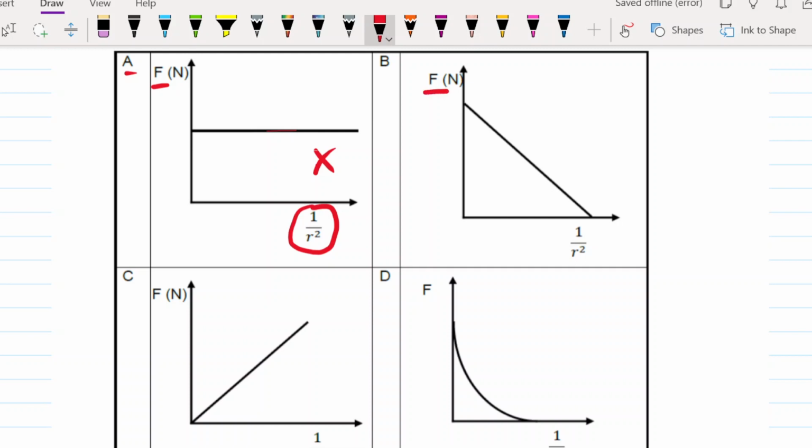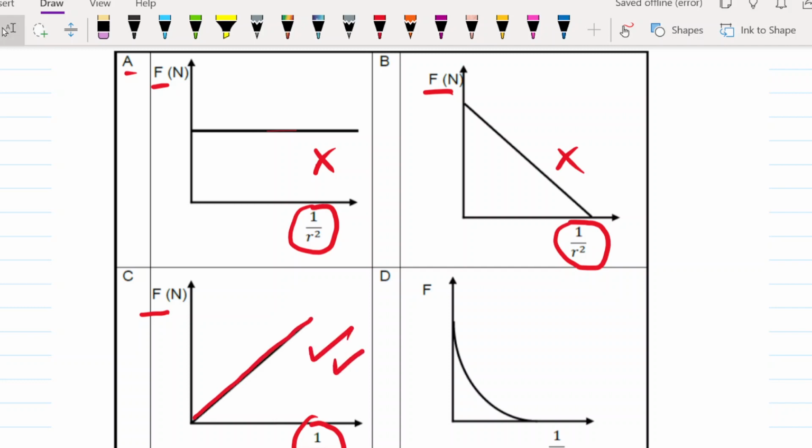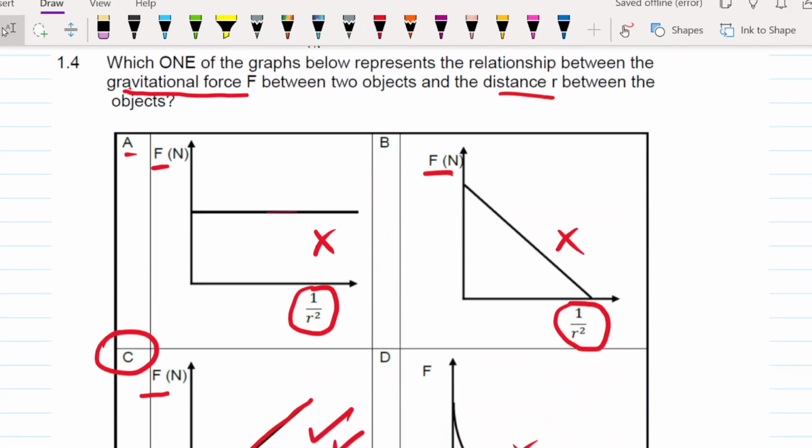We have the force and the inverse of a distance squared. This is also not true because I've shown you previously they are supposed to be directly proportional. For option C, you have the force and the inverse of a distance squared, and it is directly proportional. Then we know this one is true, so we always take option C. That's the answer for 1.4.